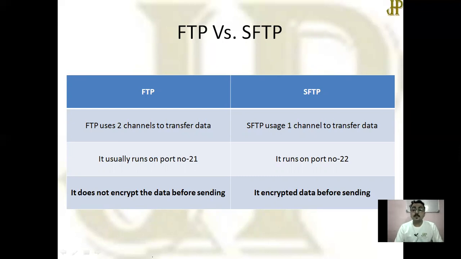And this encryption is done with the help of SSH. Again, FTP runs on port number 21, already discussed, while SFTP runs on port number 22. Again, FTP uses 2 channels, while SFTP uses 1 channel only.